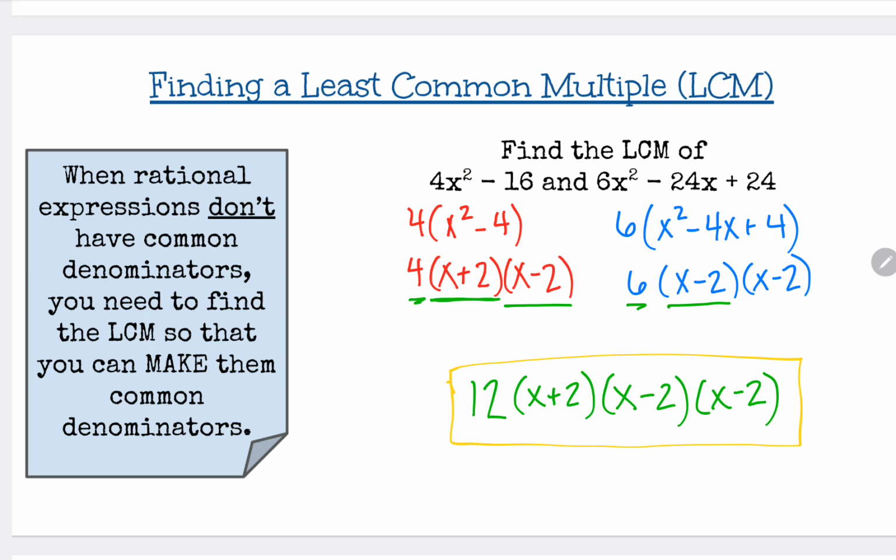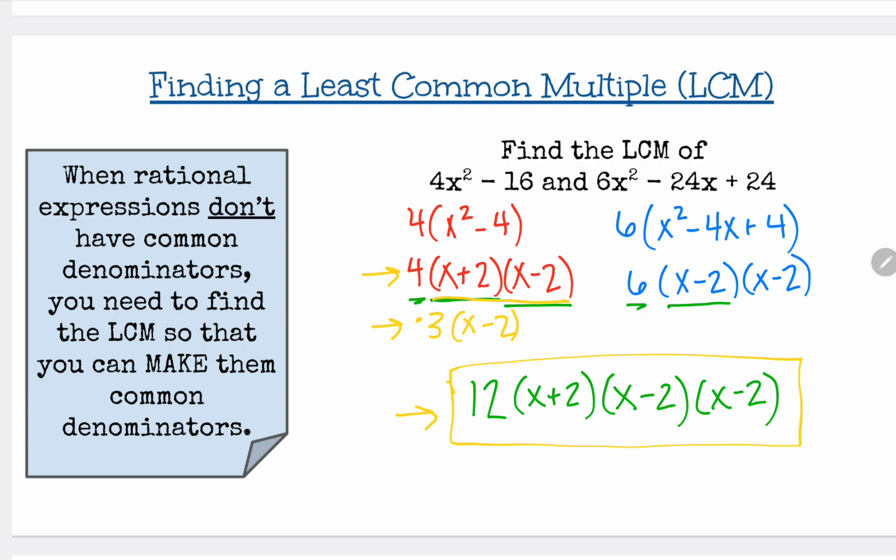So this first expression, if I multiply 4 by 3, and if I multiply the x plus 2, x minus 2 by another x minus 2, so if I multiply this whole expression by 3 times x minus 2, I would end up with this least common multiple.